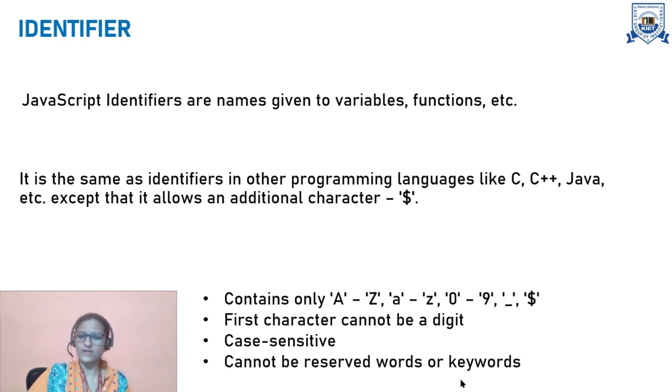So it can contain alphabets, capital letters, small letters, 0 to 9, underscore, and the $ symbol. Remember, the first character cannot be a digit. JavaScript is case sensitive, so capital A and small a will be treated differently. It cannot be a reserved word or keyword. We can't use them as an identifier.